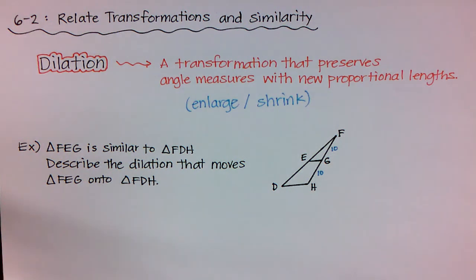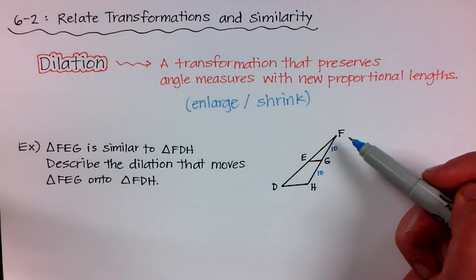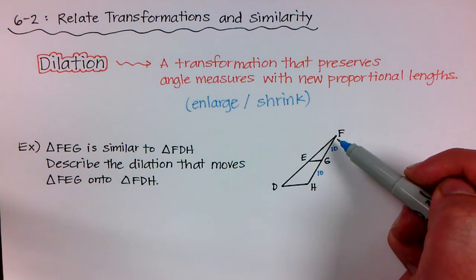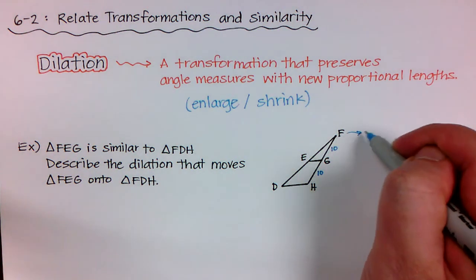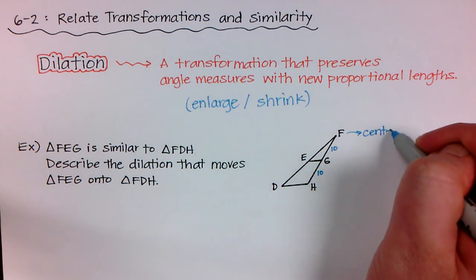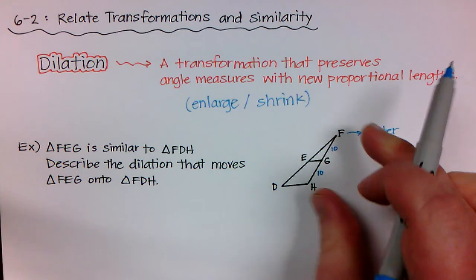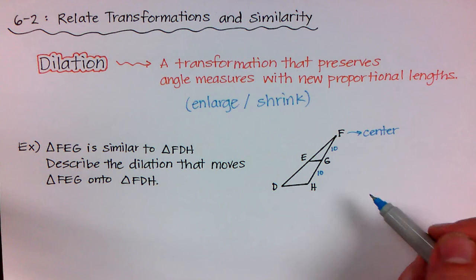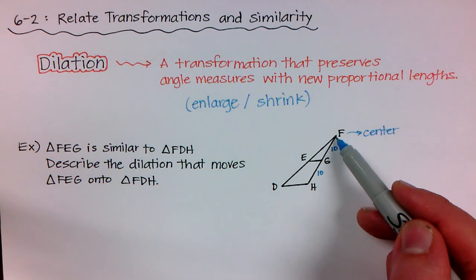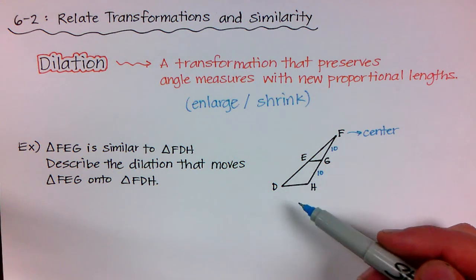Well, first let's just talk about where it's starting and where it's going to, and it's actually starting at this letter F. We're going to call it the center, okay? But the center is right there at F because it's not like it's moving the shape somewhere else to the left or right or down below. So it's staying put at F, but the other points are changing.